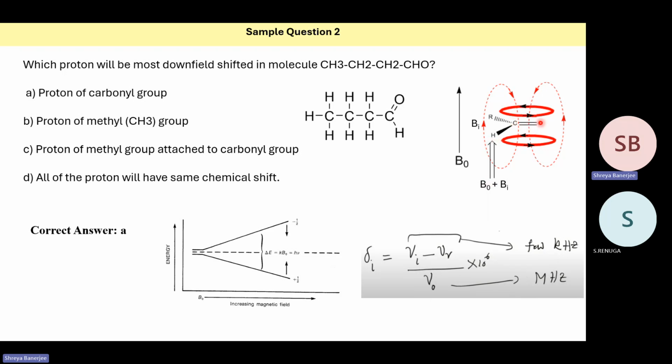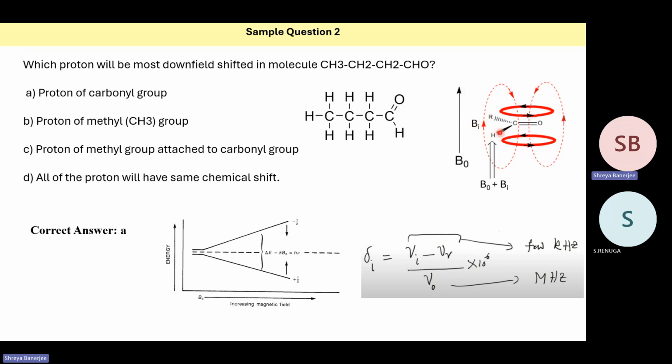Whenever you have a C double bond C or a C double bond O, and you apply an external magnetic field, then the electrons in the pi bond will rotate, and this will give rise to an induced magnetic field shown as Bi. The direction of this induced magnetic field on the inside of this double bond will be opposite. So on the inside of this double bond, the direction of the induced magnetic field shown by red is in the downward direction, and the original magnetic field is upward.